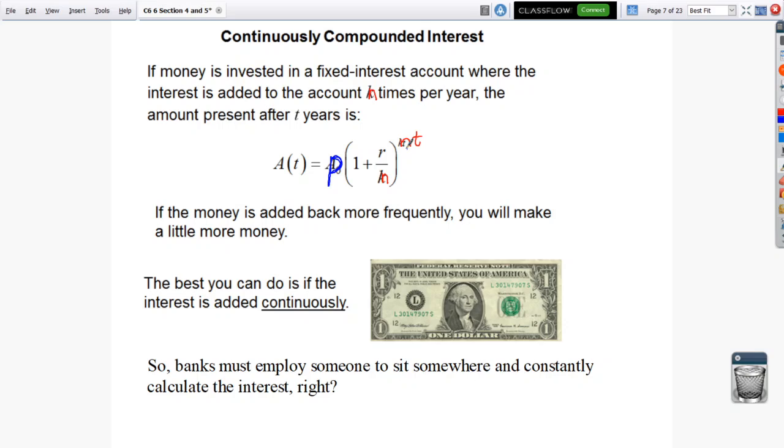So here, having infinite n's means you're compounding the interest every single instant of every single point in the year. So banks can employ someone to just sit somewhere and constantly calculate the interest rate, right?